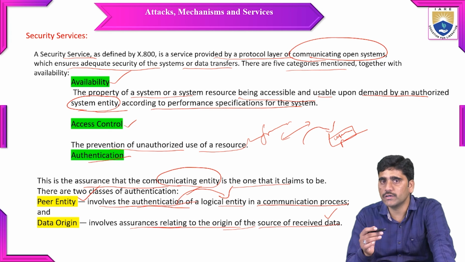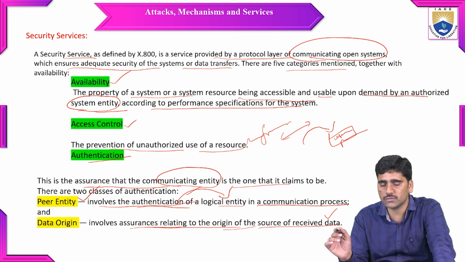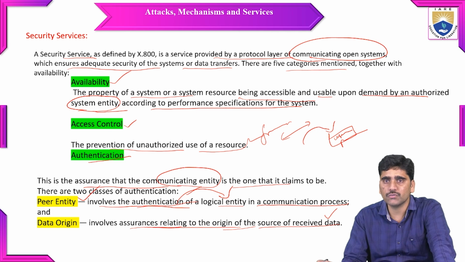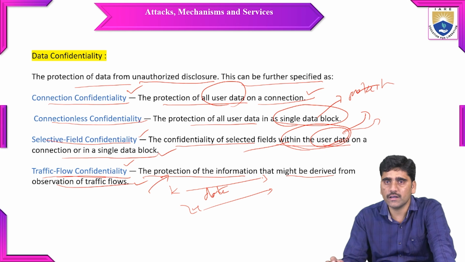And these are some security services. To implement these security services, we are using some mechanisms. Availability is one service, access control is one service, authentication is one service, and data confidentiality means maintaining the data as confidential, private, and safe.